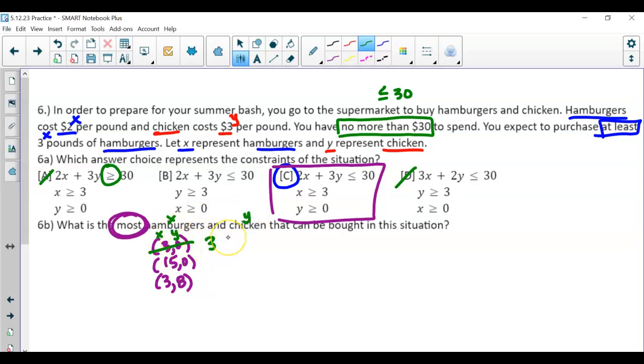But we want to know the most. So here, 15 hamburgers, 0 chicken, so 15. Here we have 3 plus 8, which is 11, because 3 hamburgers and 8 chicken. So notice that with these constraints, the most you can buy is 15 items, 15 hamburgers and no chicken.